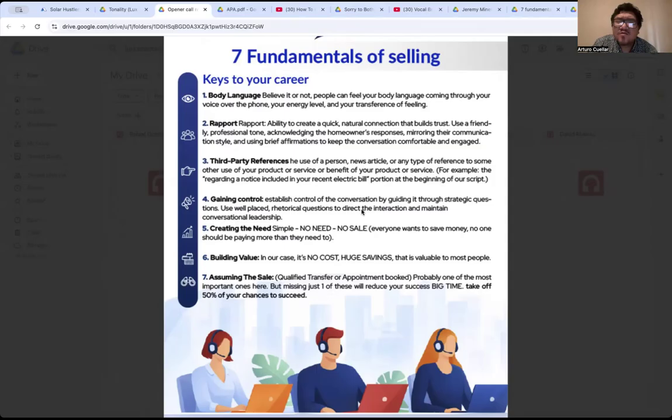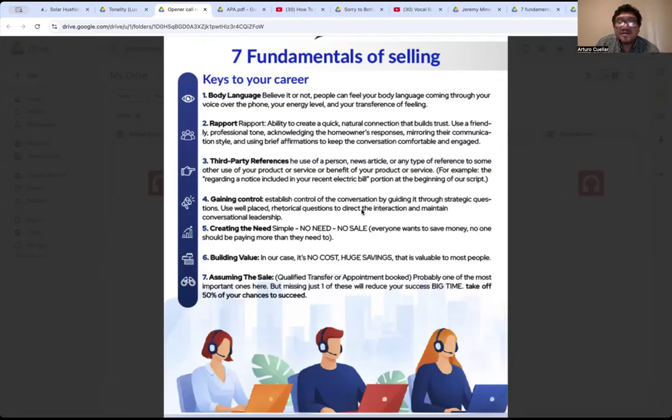So people, yes, they are worried about their current amount for electricity, but they're even more concerned about how it's going to look like next year or the year after. That's why we remind them about their bills. That's how we create the need.